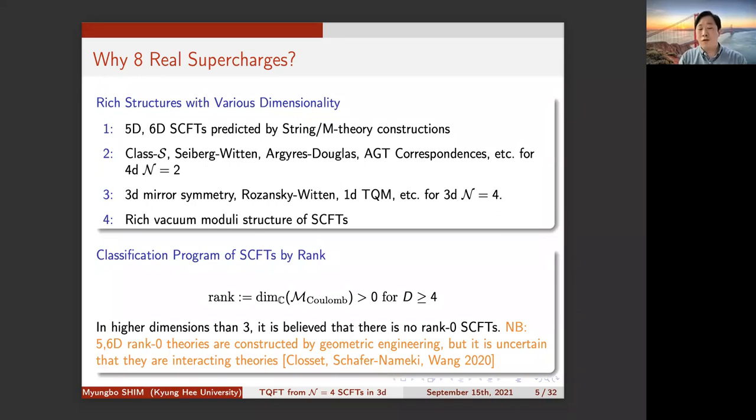However, according to recent work on geometric engineering, 5D or 6D rank-0 theories are found, but it is still unclear whether they are interacting theories or not. If they are interacting theories, it would be interesting to think about these 5D, 6D rank-0 theories as well.